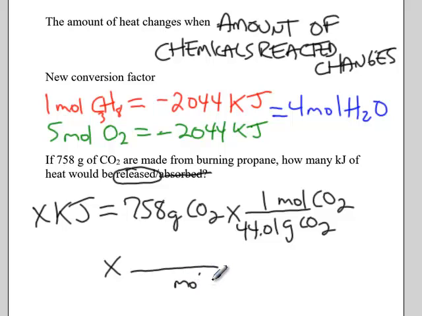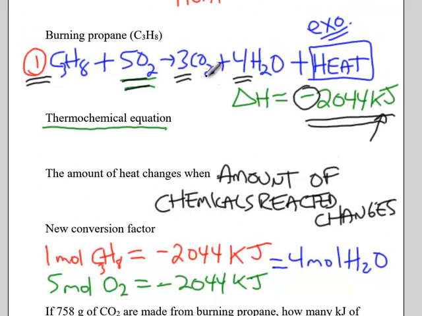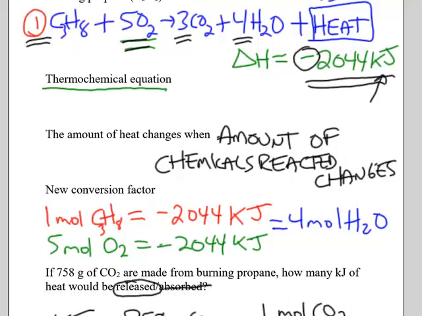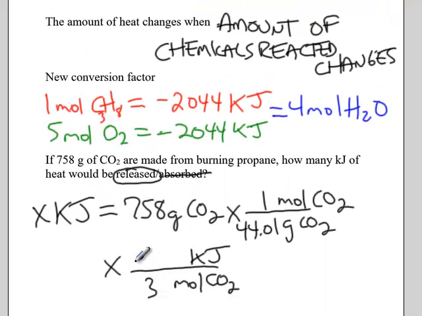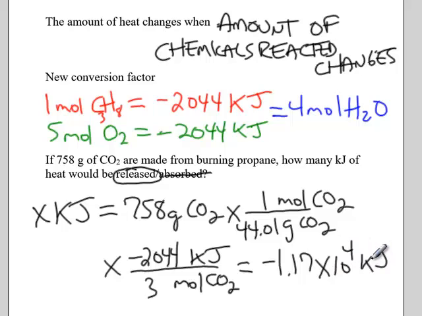And then once we have moles of carbon dioxide, we can turn that into kilojoules of heat from the thermochemical equation. 3 moles of carbon dioxide releases 2044 kilojoules of heat. So we get an answer of negative 1.17 times 10 to the 4th kilojoules.